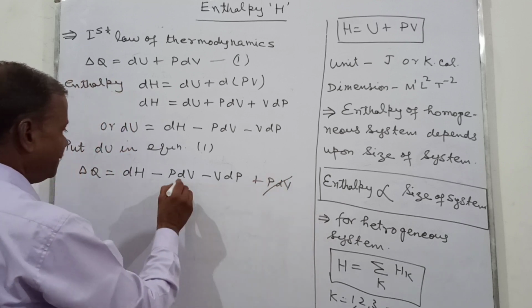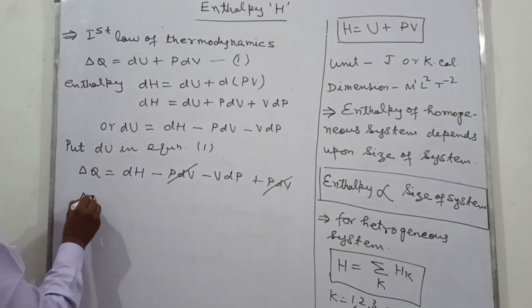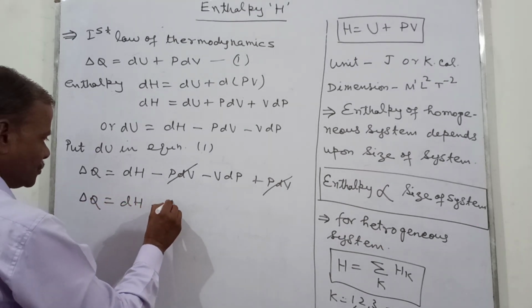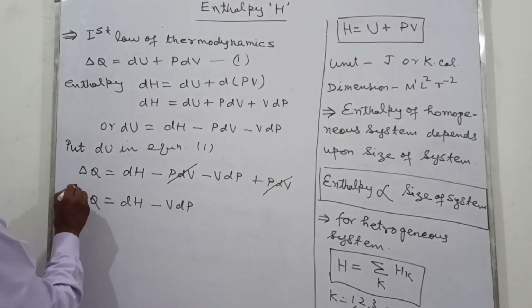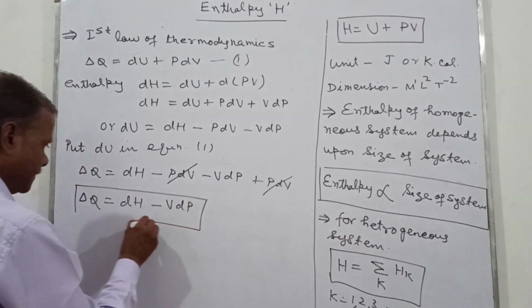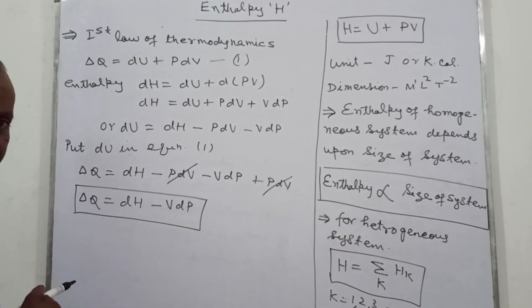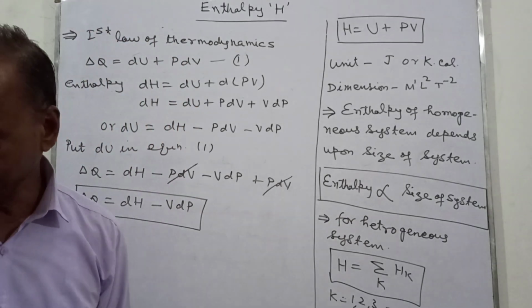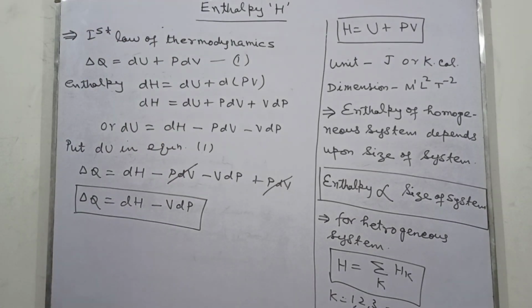So P dV and P dV will cancel. So this delta Q is equal to dH minus V dP. Now in place of dq, we can write down this TdS.